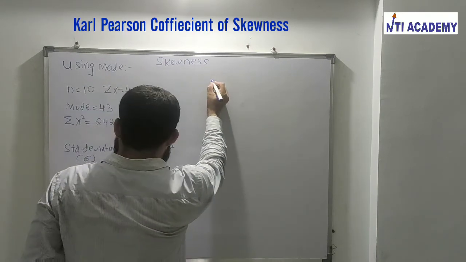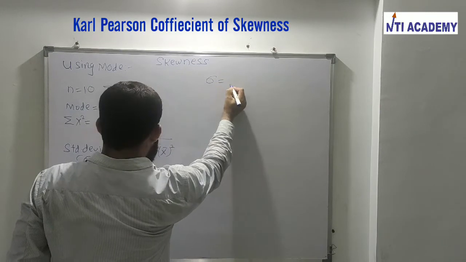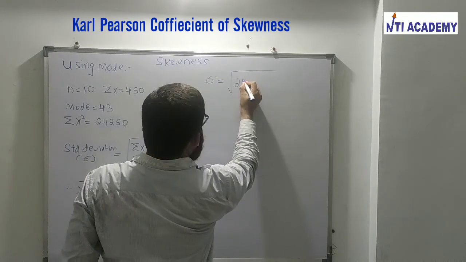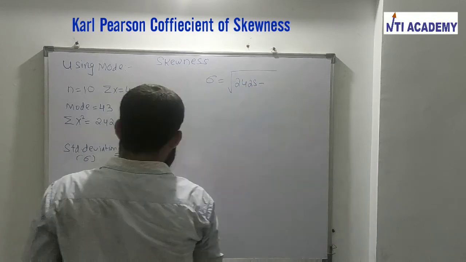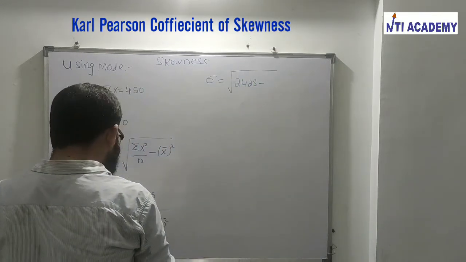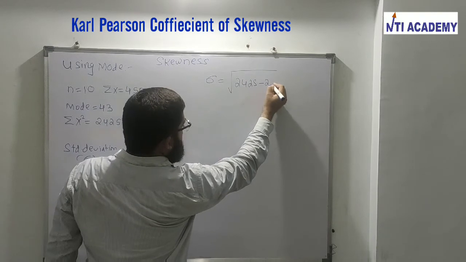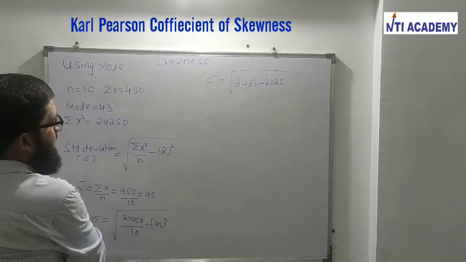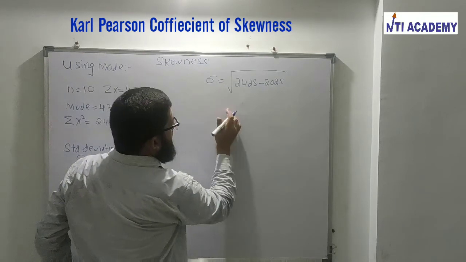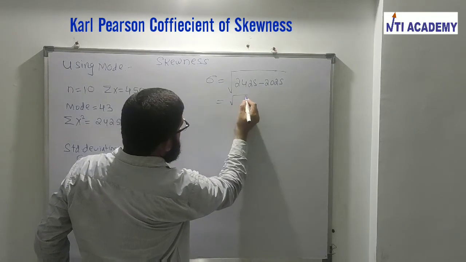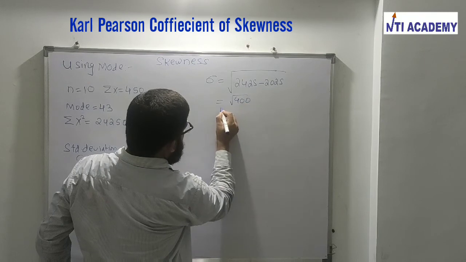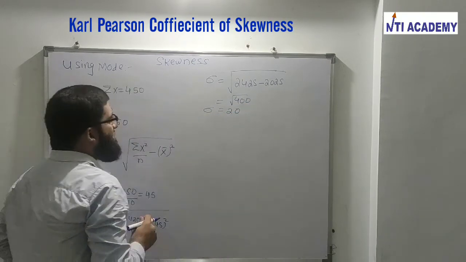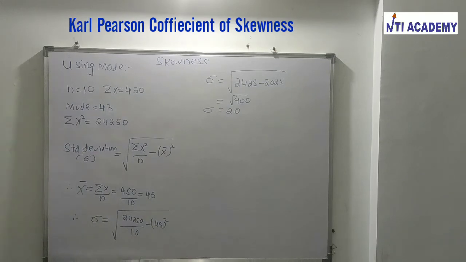And therefore you can get sigma equal to the square root of 2425 minus 2025. So straightforward you can get that as 400. And the square root of 400 is how much? That is 20. So we get the value of sigma, that is standard deviation, as 20.